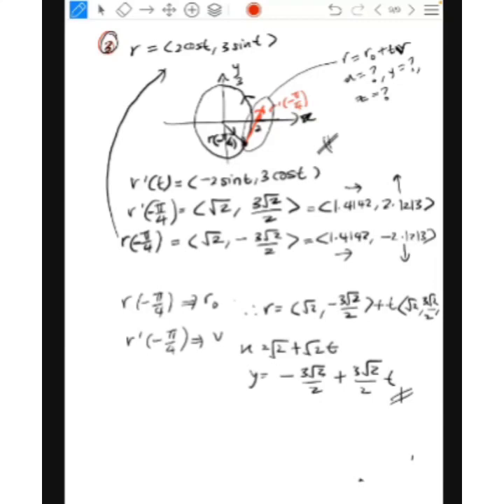Alright, and then question number 8. Okay, question number 8 is now in terms of a three-dimensional coordinate system, which is we have X, Y, and Z. So just solve like the questions before, but now you draw in terms of a three-dimensional coordinate system.